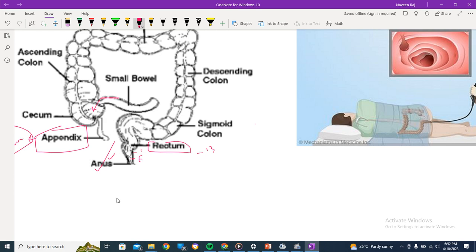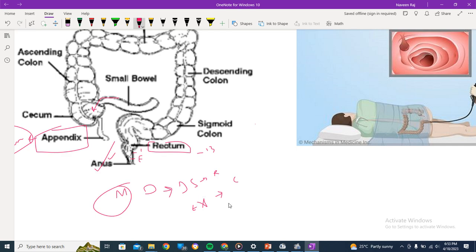Now this is a very important MCQ. Remember, during defecation, the internal sphincter relaxes and the external sphincter contracts. This is how defecation takes place.